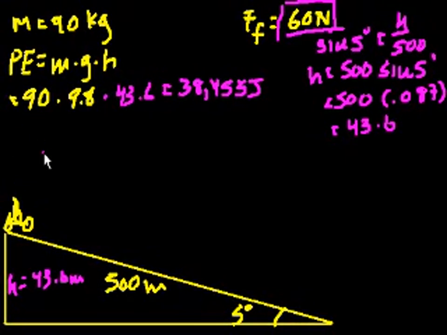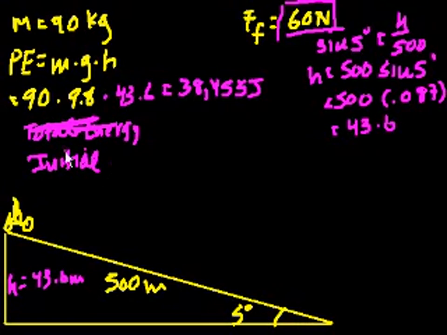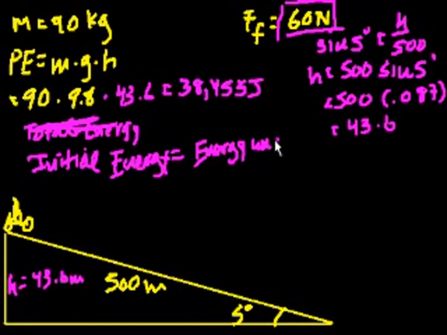So a way to think about it is that total energy, initial energy, is equal to the energy wasted from friction plus final energy.